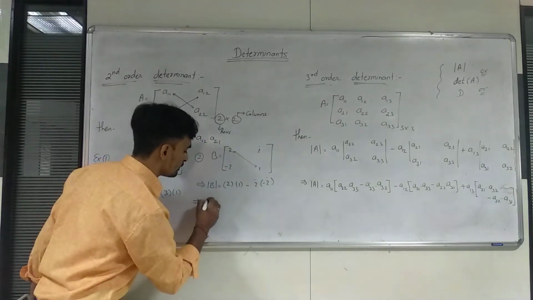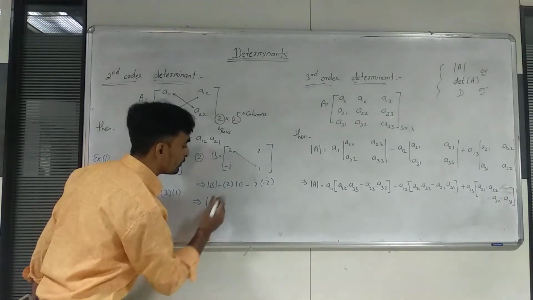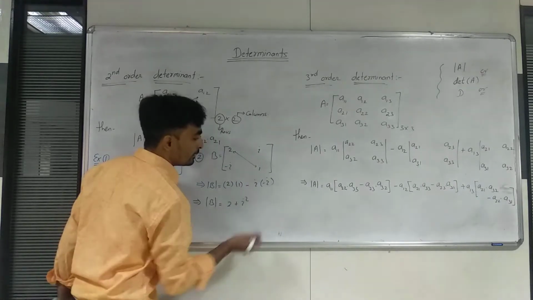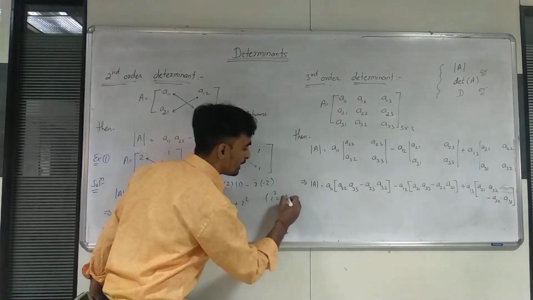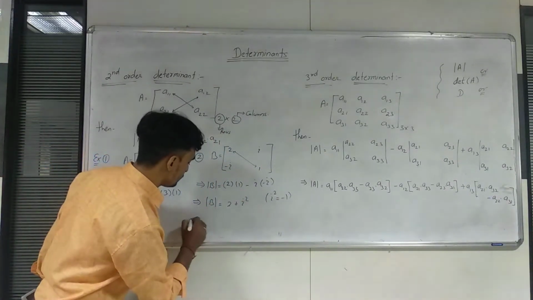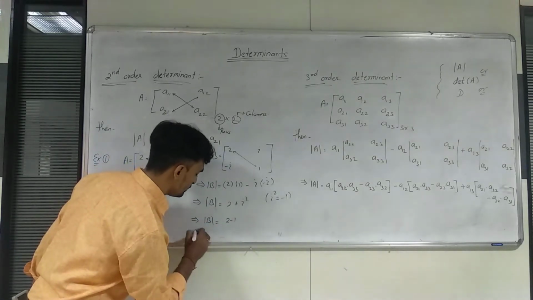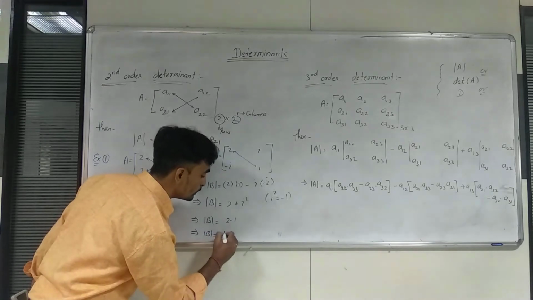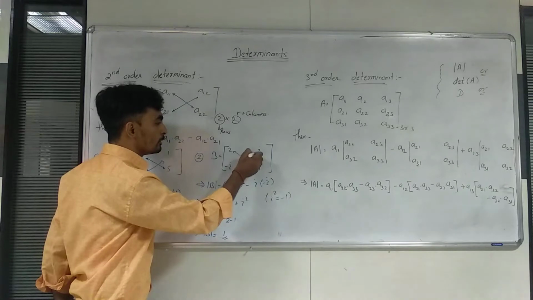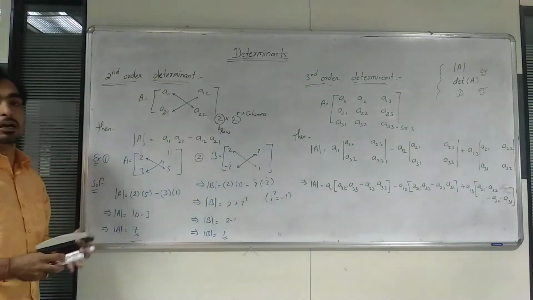So this becomes determinant of B equal to 2 plus i square. As we know, i square equal to minus 1. So determinant of B equal to 2 minus 1, so determinant of B equal to 1. This way you can find a 2 cross 2 determinant.